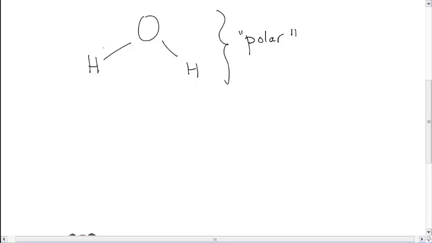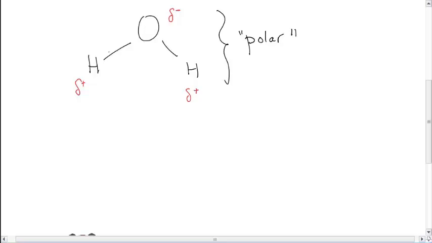So the hydrogen part of water has a slight positive charge. This little symbol I drew means partial positive, and that just means it's a little bit more positive. And the oxygen is a little bit more negative. And it's not ionic. You haven't had electrons donated from one atom to the other.